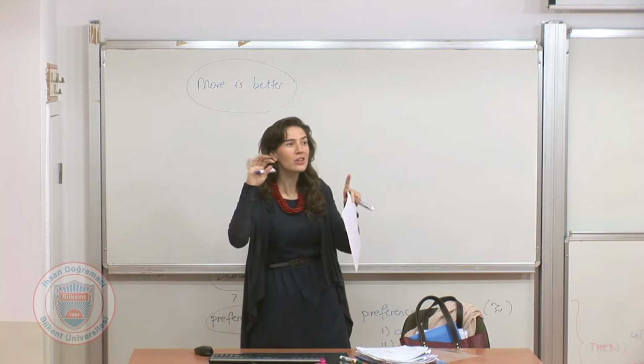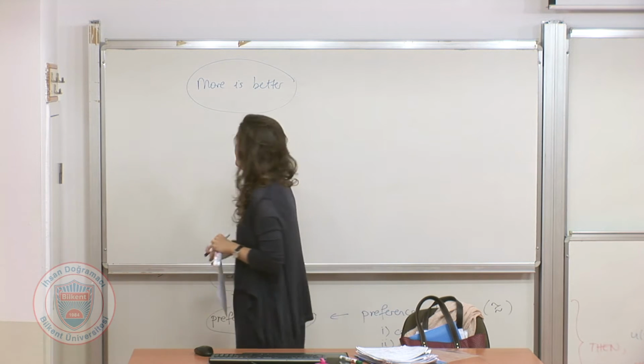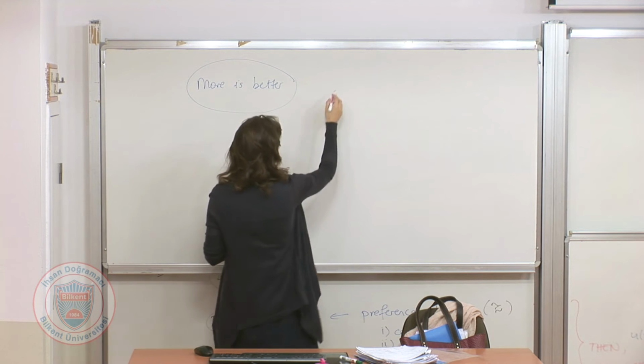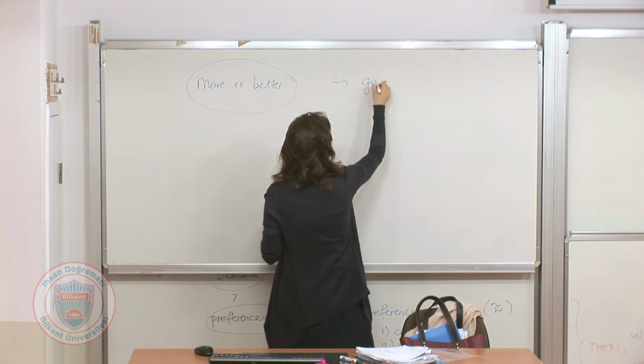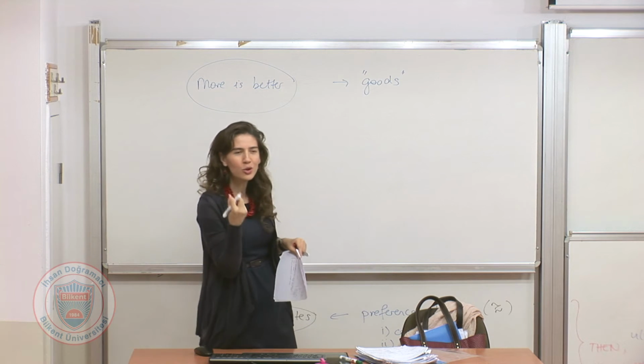They're literally goods, they're good for us. That's why we want more of them, right? So more is better basically means that we have goods, not bads. These are literally goods, right?